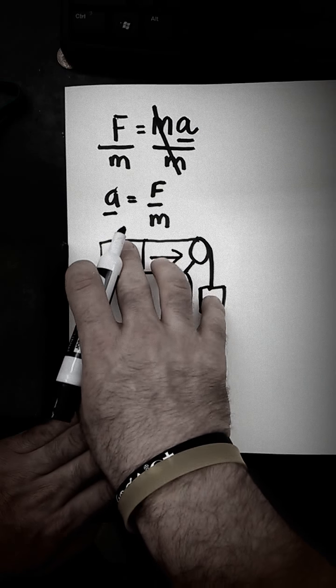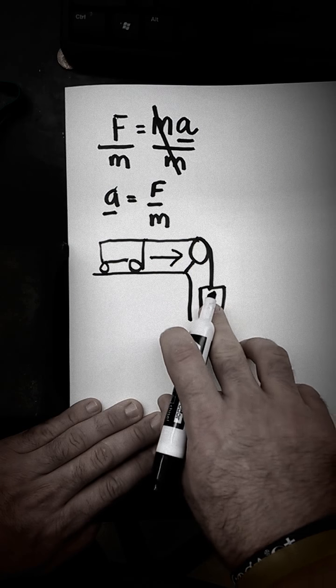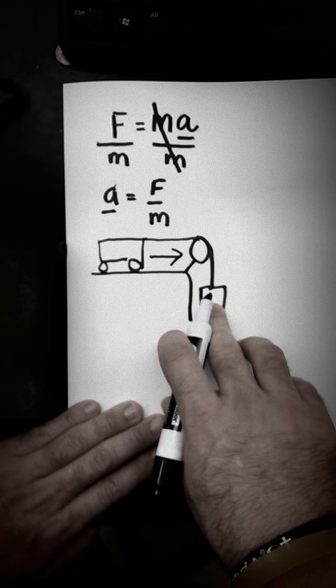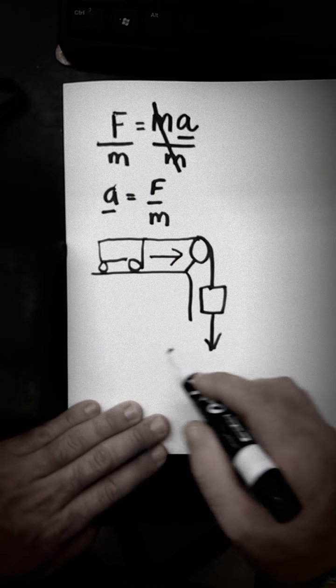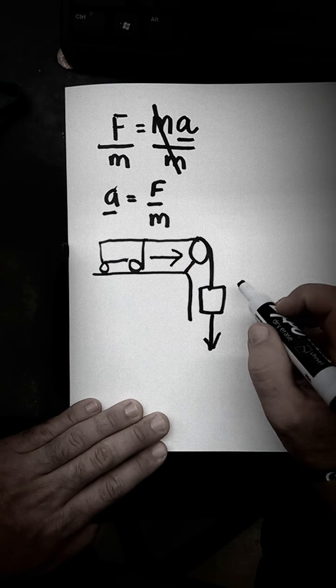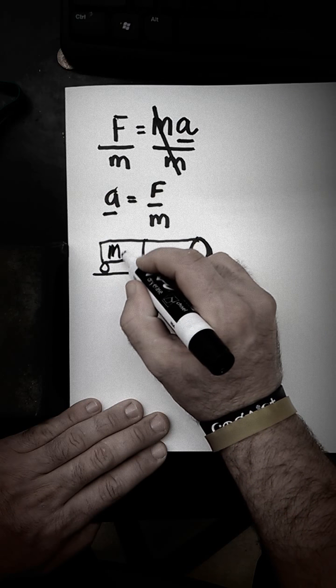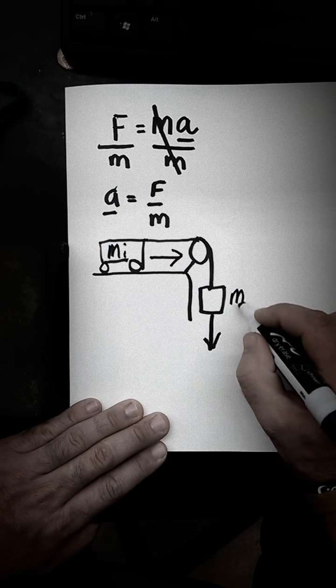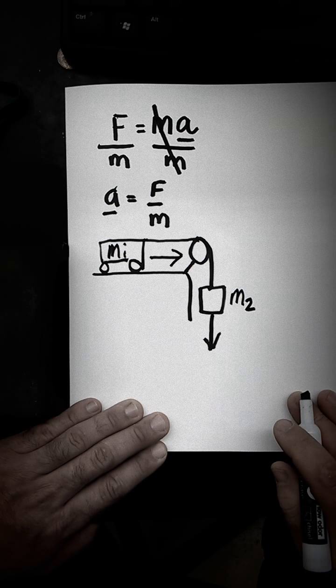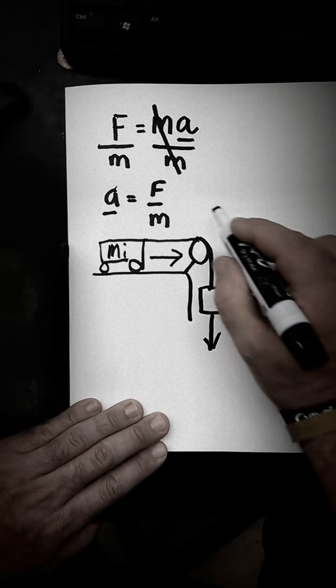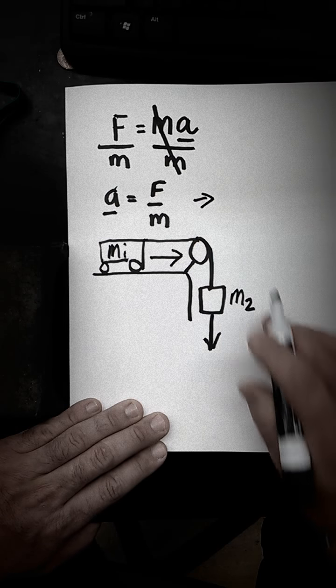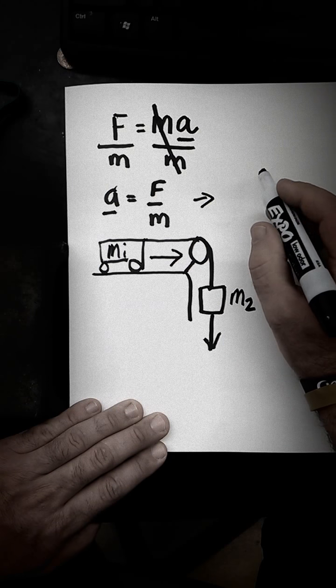So because the car and this mass are part of the same system, we're going to call this M1. We're going to call this M2. So if I were to rewrite the formula for acceleration, I would write it as this.